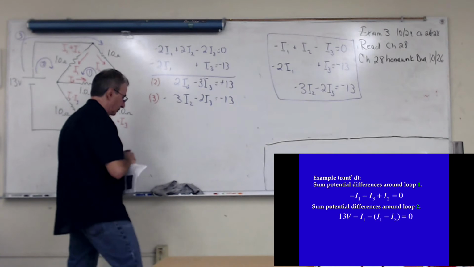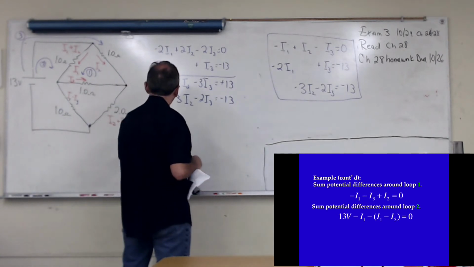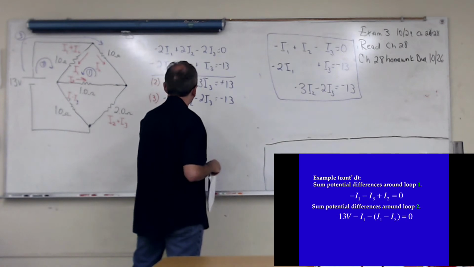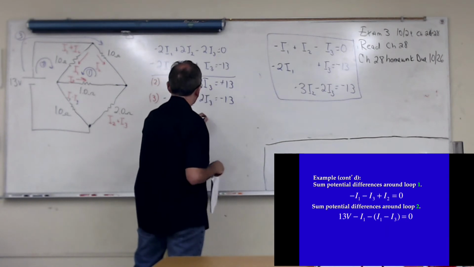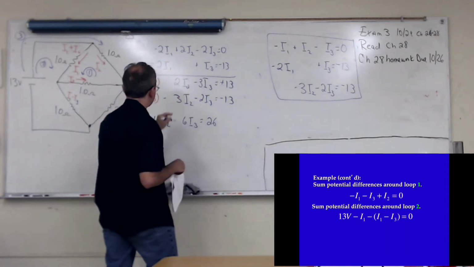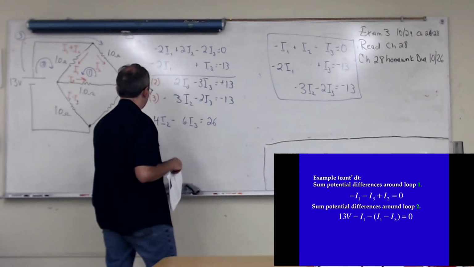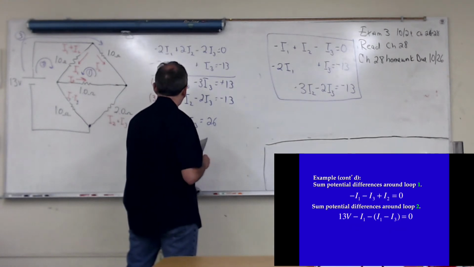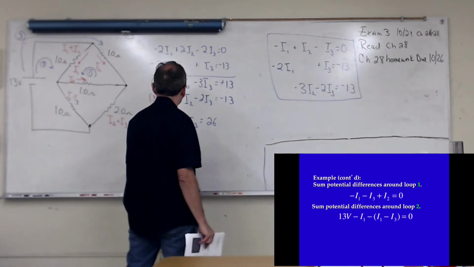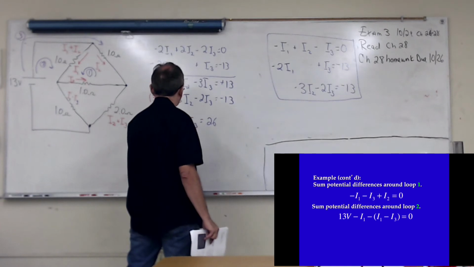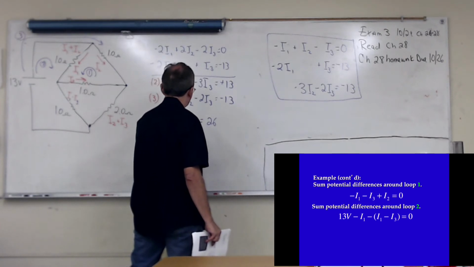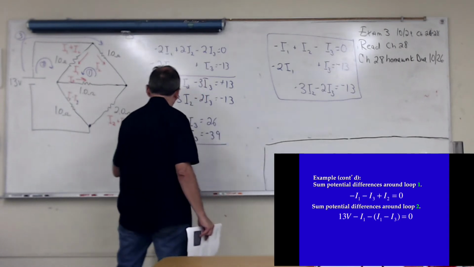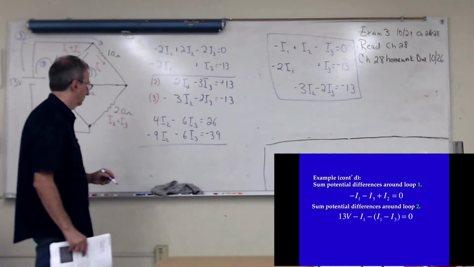Oops, wrong one. So that's going to give me 13 times 2 is 26. And now I'm going to subtract.